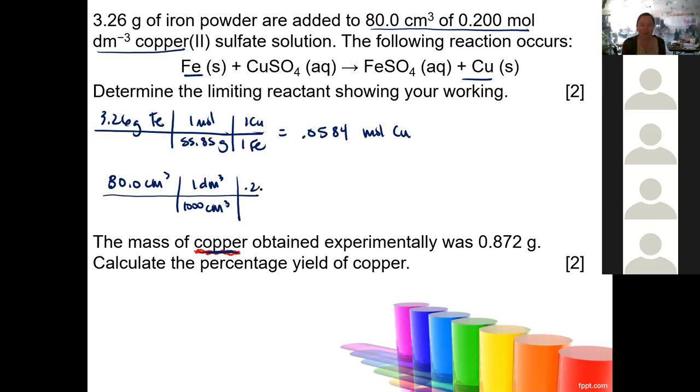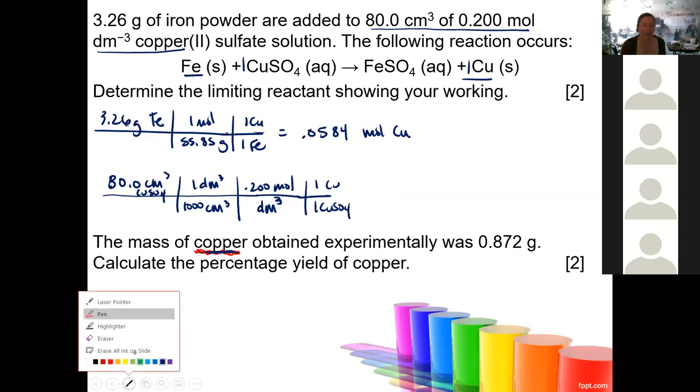I know that I have 0.200 moles per cubic decimeter. This is all the copper sulfate, and I want to get rid of copper sulfate. I'm going to turn it into copper. It is also a 1-to-1 ratio. 1 copper to 1 copper sulfate.